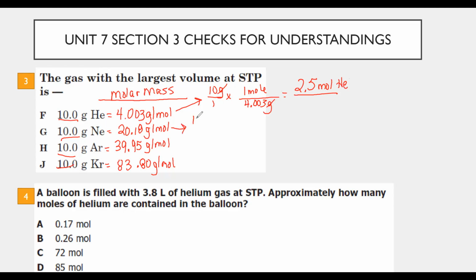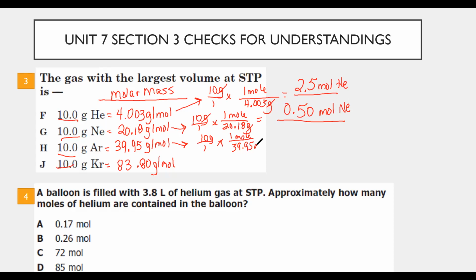All right, neon. Again, 10 grams. All of them are 10. But now we know 1 mole of neon is 20.18 grams. We cancel out our grams. And when we do the math, we find out that we have 0.5 moles of neon. Next one, again, 10 grams of all of these times 1 mole is equal to 39.95.